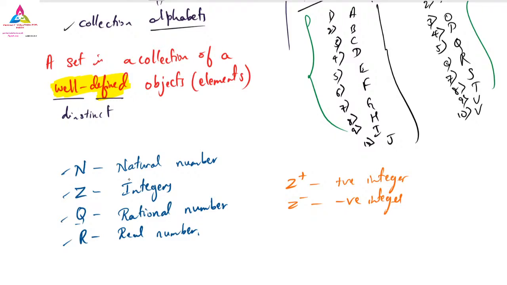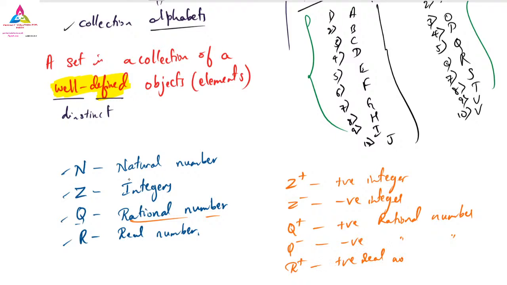Similarly, we will have Q plus, which is nothing but the positive rational numbers. Similarly, we will have Q minus also, the negative rational numbers. Remember these symbols because they will be useful. And R is the real numbers. R plus is the positive real numbers.